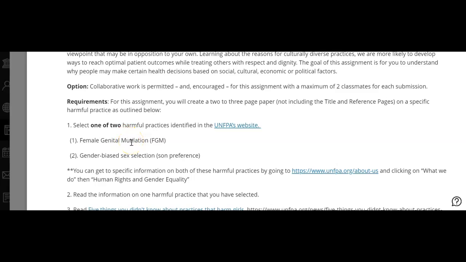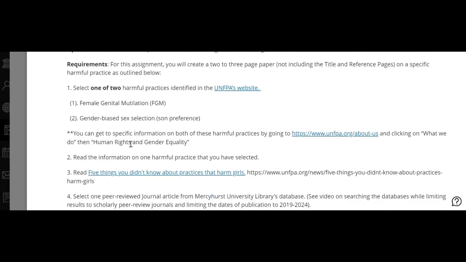But why did it develop? Why does it persist in some countries? So you're going to look at this website. Then you're going to get specific information by clicking on here. What do we do? And then you go to human rights and gender equality. So the instructions are all here. I'm trying to give you the overview.